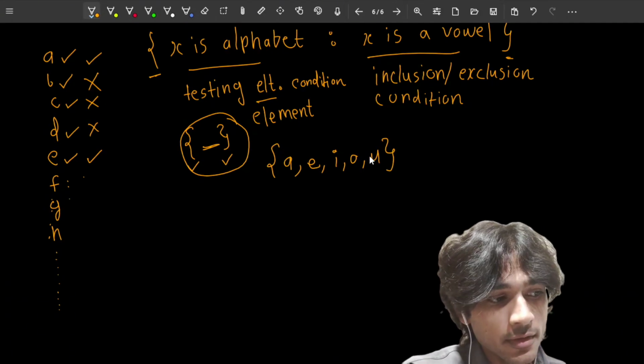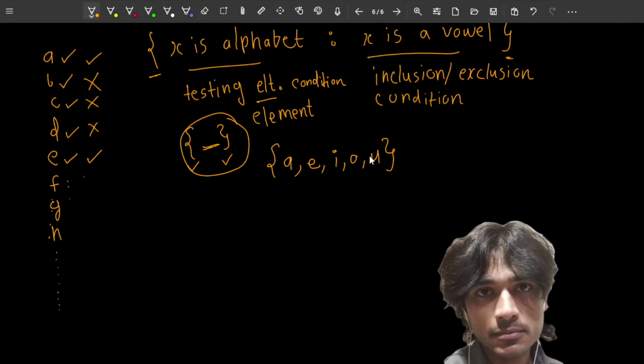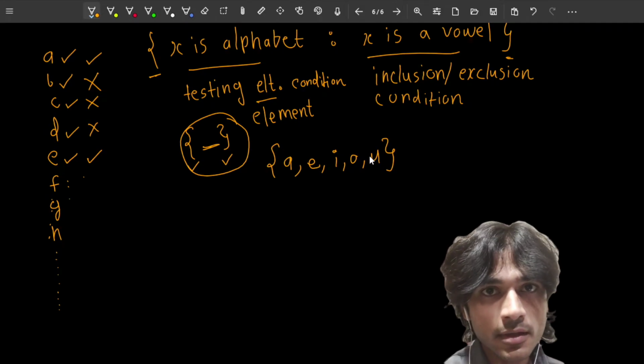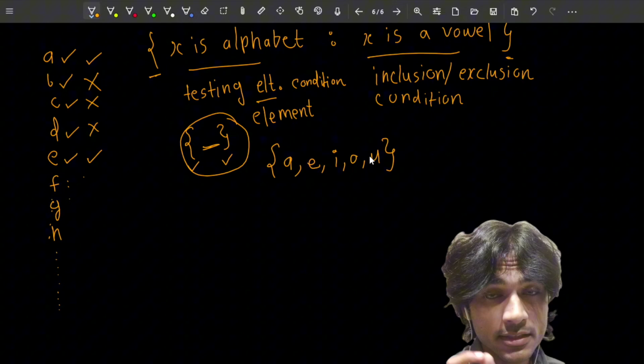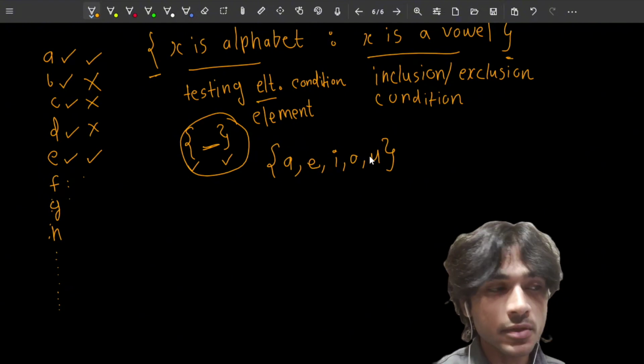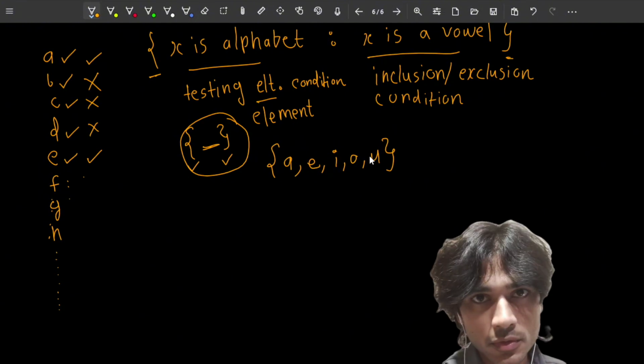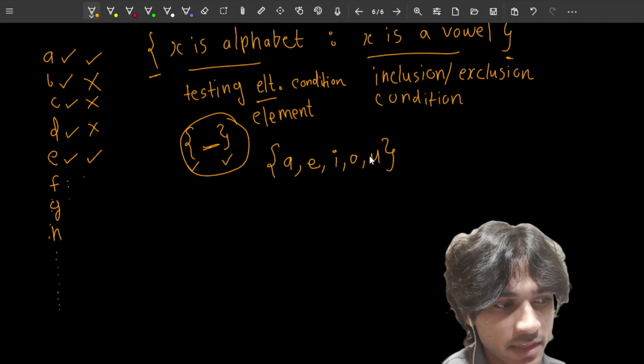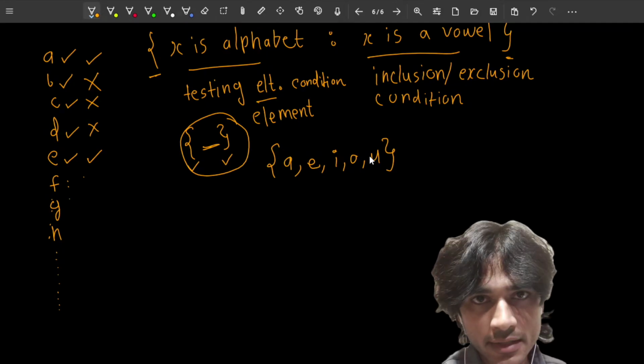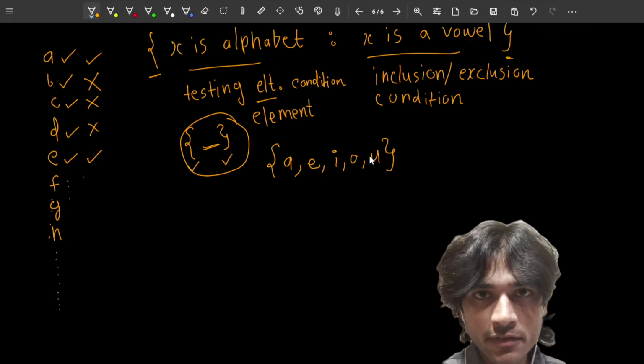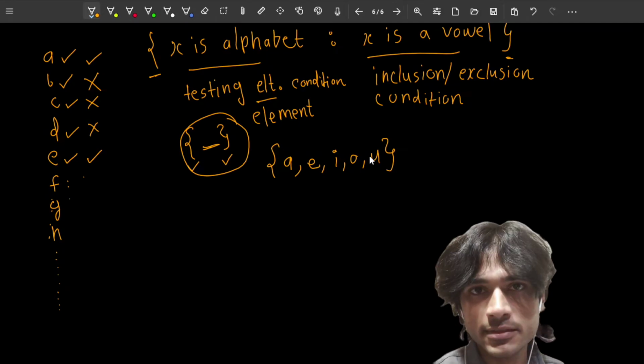So first of all, this collection is well defined because whatever object we are choosing, we have this clear idea of whether it will be included or excluded, right? Then all the elements that I have taken are distinct, right? A, E, I, O, U, all of these five elements are distinct, right?